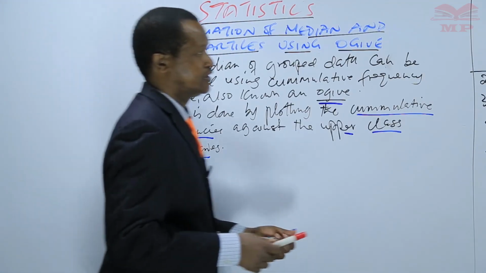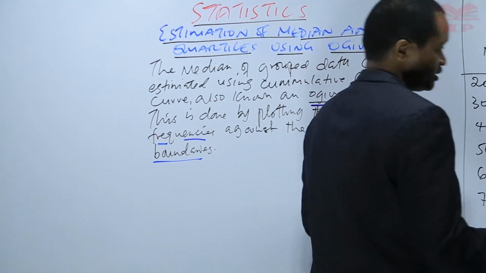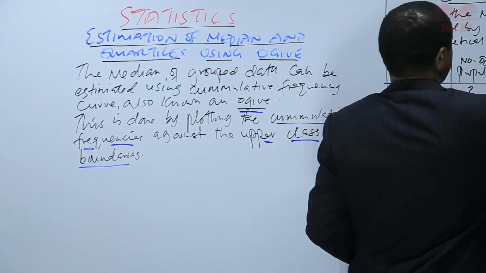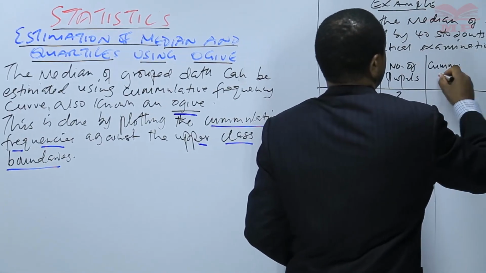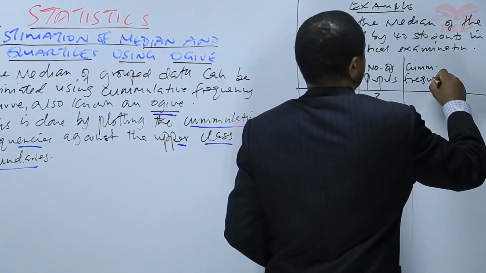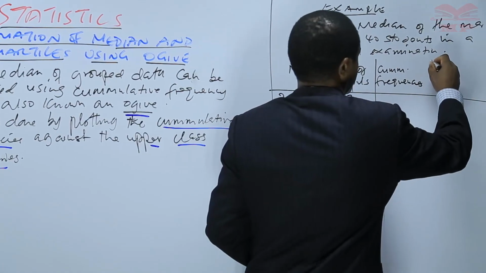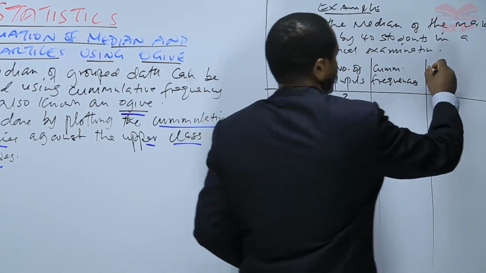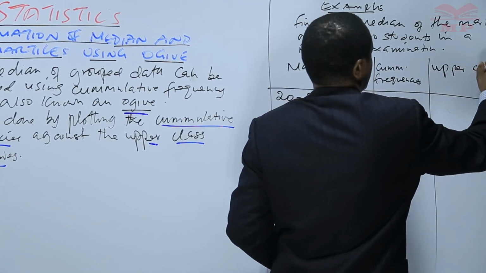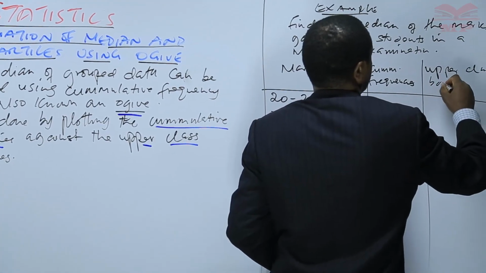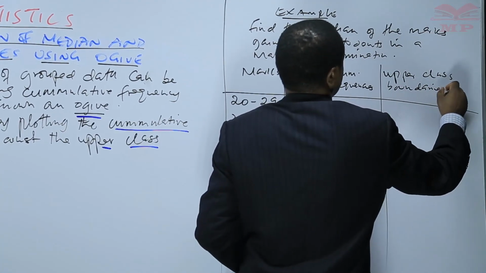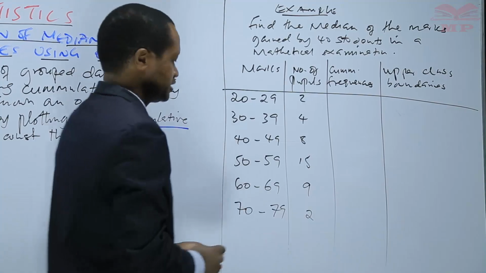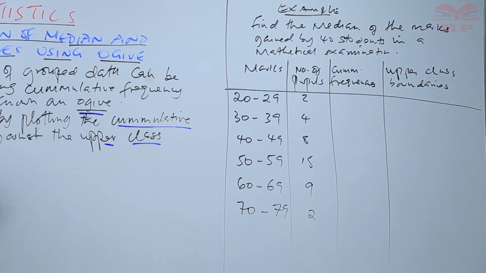So let's have the cumulative frequencies first, then we'll have the upper class boundaries.